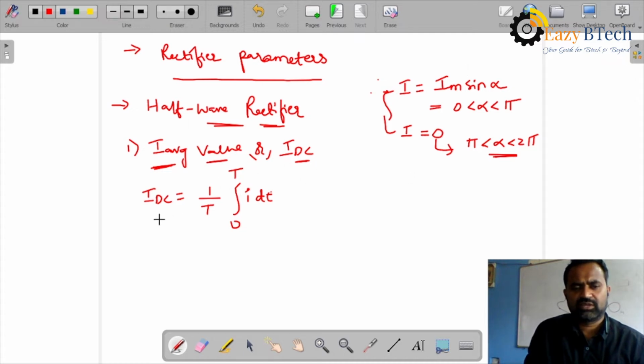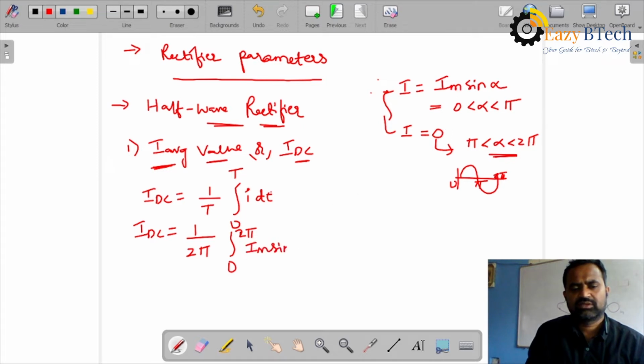By substituting these equations, IDC is equal to 1 by T, where the time period is a complete cycle, 0 to 2 pi. The integral from 0 to T means 0 to 2 pi, and i is Im sin alpha, written in terms of d alpha.